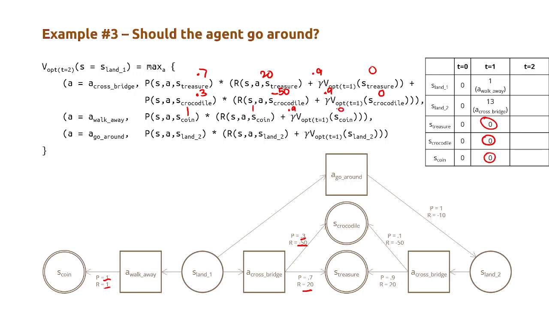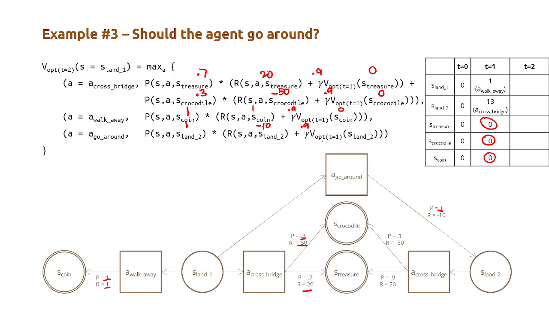Next, if we go around, what's the probability of arriving at S land 2 when going around? It is 1. The reward is negative 10. Gamma is 0.9.